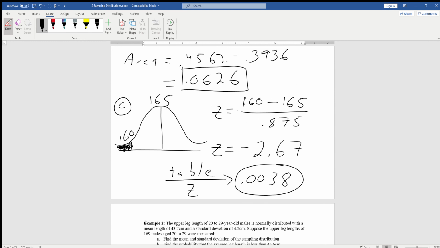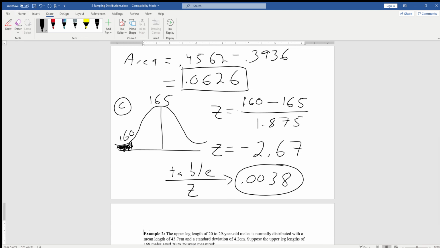Now I'll type out really quickly what the solutions actually mean, so that you can interpret them.